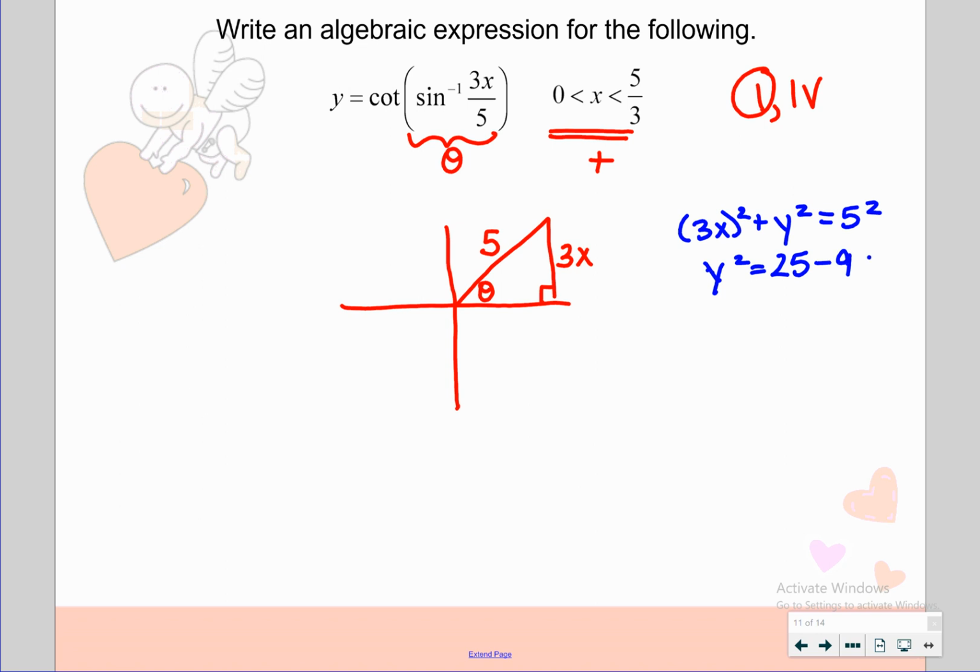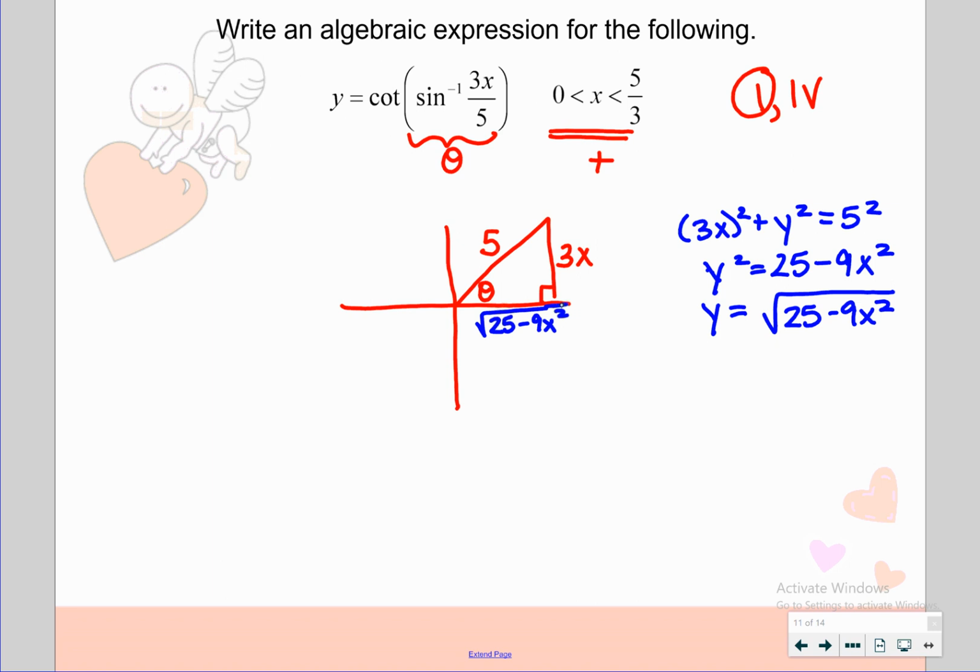So it's going to be 9x squared that I'm subtracting. And then last but not least, we take the square root. The square root here could be a plus or minus, but because I'm in quadrant 1, the triangle will tell you whether that should be positive or negative. In this case, it's going to be a positive number outside that square root, okay?